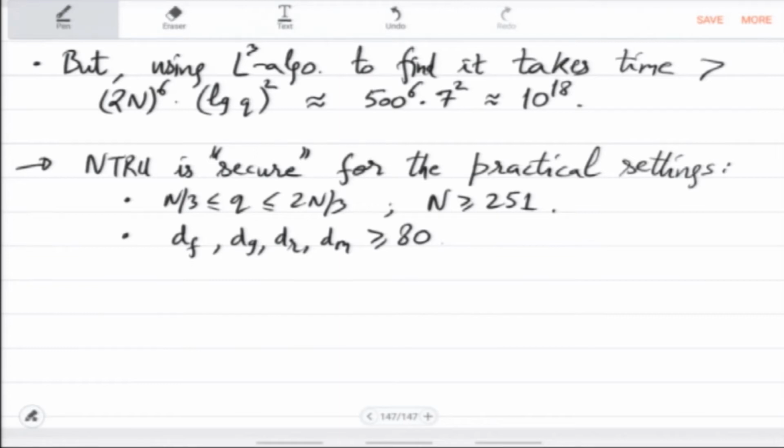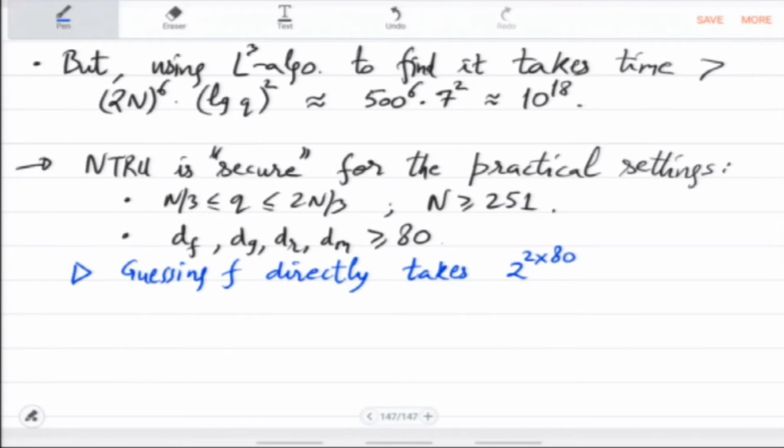So note that if the adversary wants to guess f, it's very hard. Guessing f directly takes around 2 raised to, so how many plus minus 1s are there in f? They are 80 times 2 roughly, right? So 2 raised to 160, which is huge.